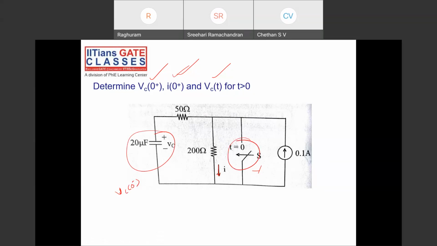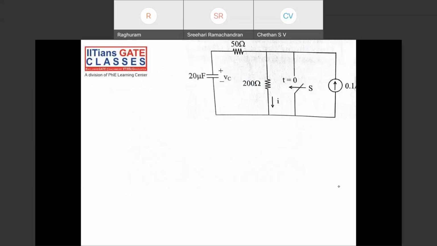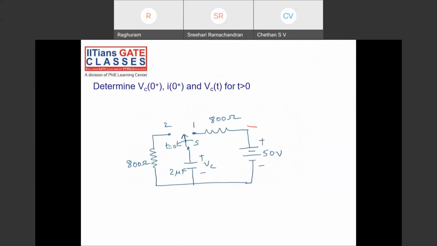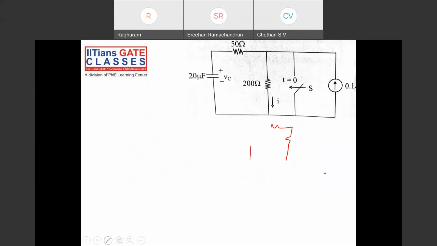The switch is open. That means the circuit is something like this. T equal to 0 minus is a steady state condition. For steady state, the capacitor becomes open circuit.